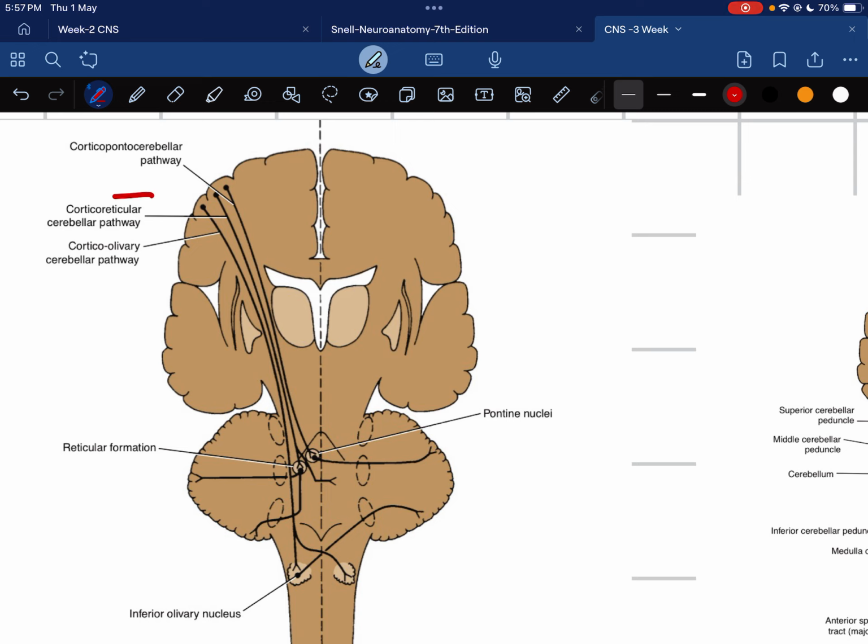Then another one, the corticoreticular cerebral pathway.